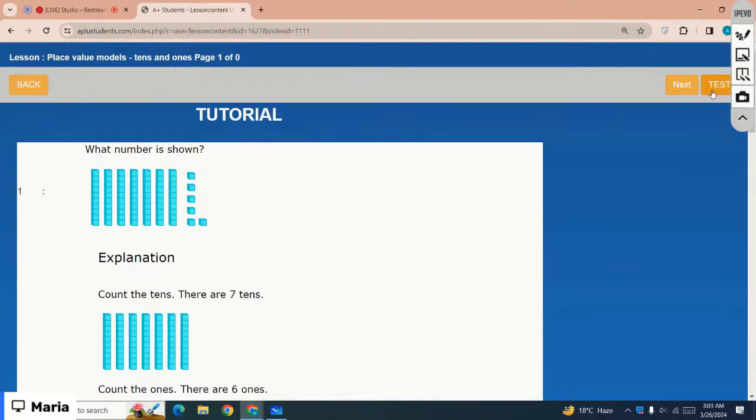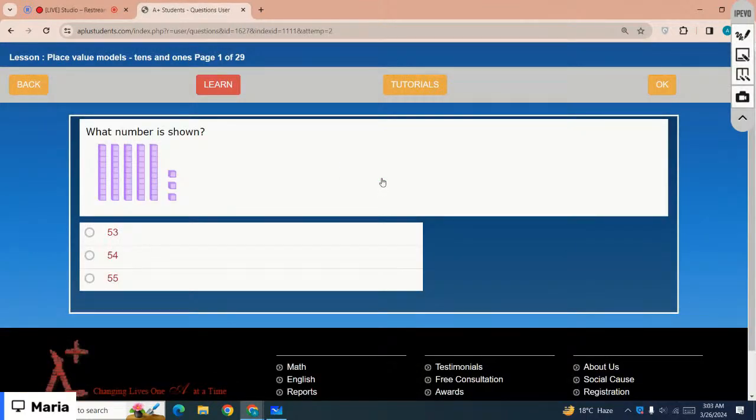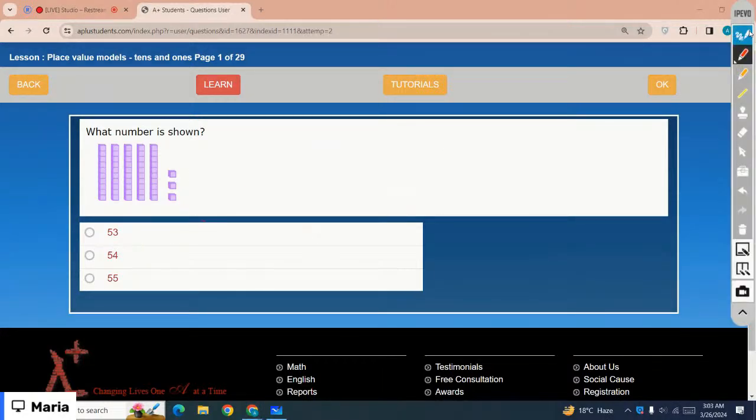Let's start with the test questions. Okay, what number is shown? A single small block represents the ones. So you have 1, 2, 3, you have 3 ones.